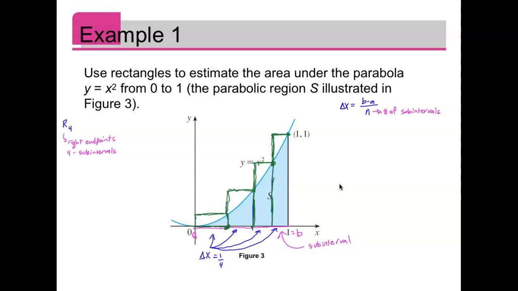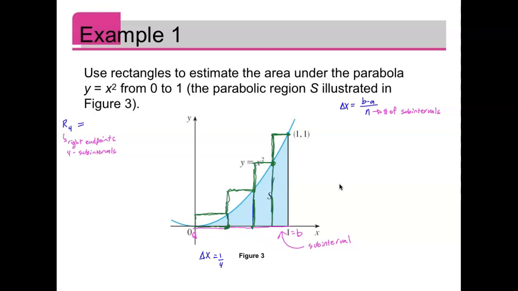Great. So for each of these rectangles, they have a width of 1/4. Now the height of the rectangles will depend on the function. And what I want to do is label these indices. Indices are the values of the endpoints.